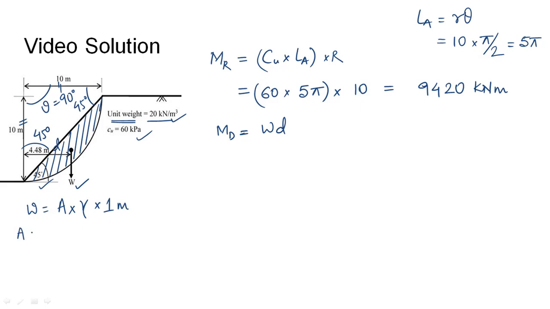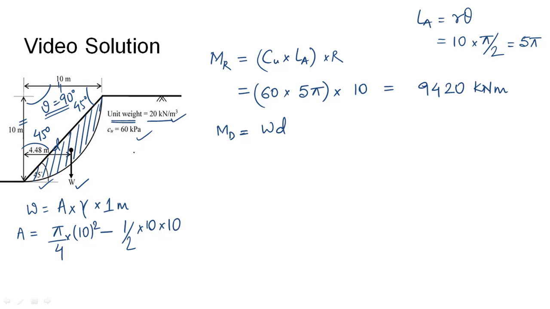So the area can be found out as, since this is a 90 degree sector of a circle, so it will be pi by 4 into r square, that is 10 square here, minus we will subtract this triangle, the 10 meter into 10 meter triangle, from this, so it will be half into 10 into 10.